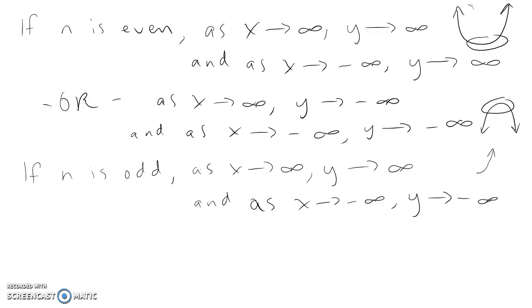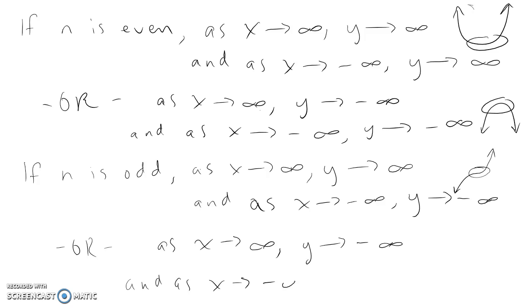So our graph looks something like this, except that, again, there can be wiggles happening in there. Or it might face the other way. As x goes to infinity, y goes to negative infinity, and as x goes to negative infinity, y goes to positive infinity. So the idea is that the ends are pointing in opposite directions.